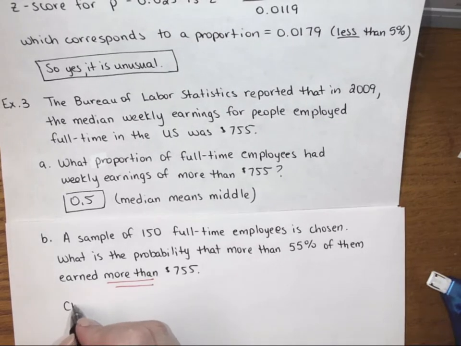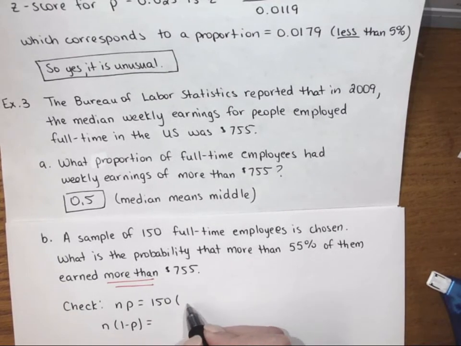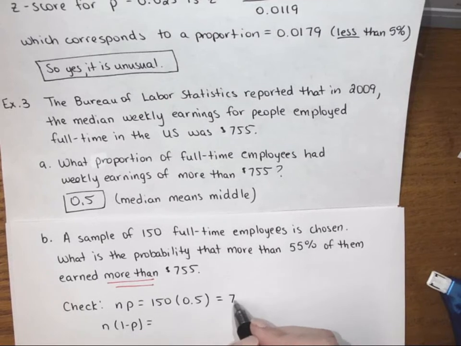But we don't proceed unless we're sure we can use it. So we need to check n times p, and we also need to check n times 1 minus p. So n times p is going to be the 150 employees times the 0.5. Okay, remember the original median was 0.5, so this is 75.